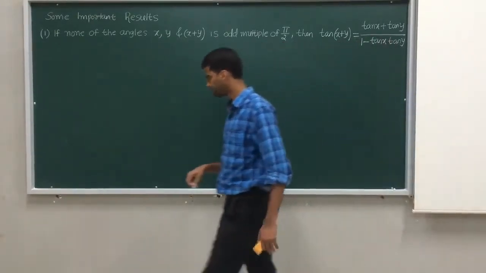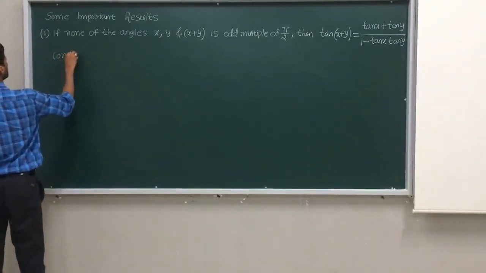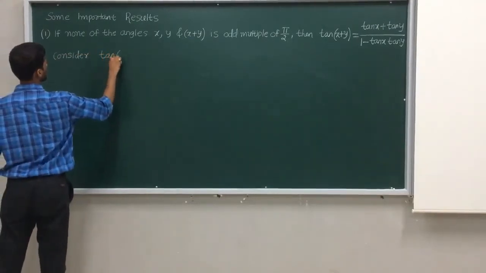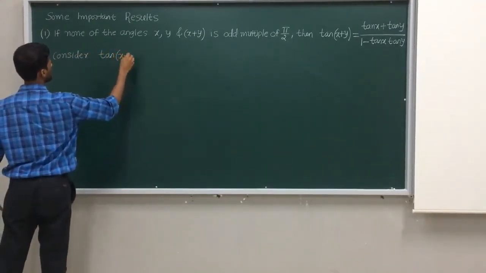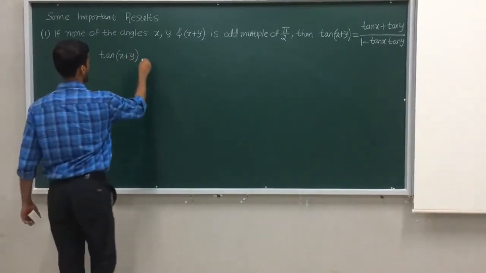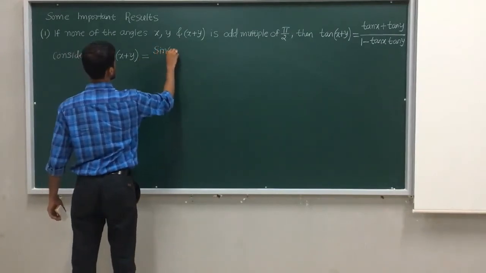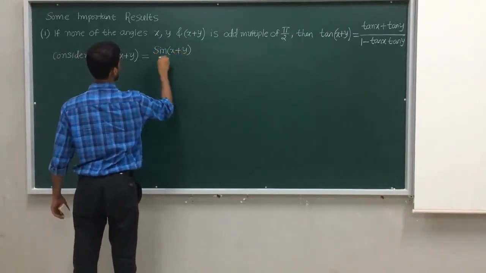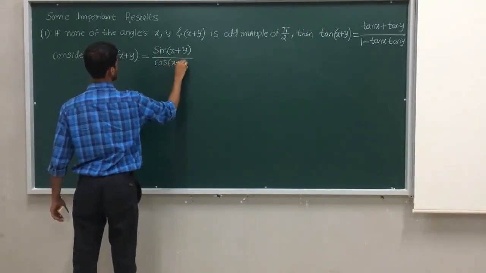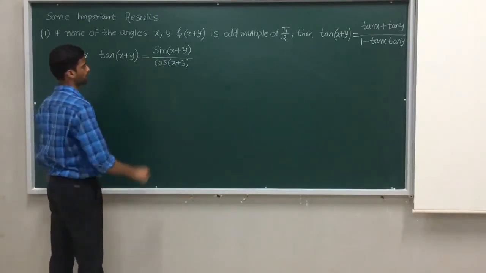So what I will do, consider tan of x plus y. Now tan of x plus y can be written as sin of x plus y divided by cos of x plus y. Yes, it looks like tan theta, that is sin theta upon cos theta.